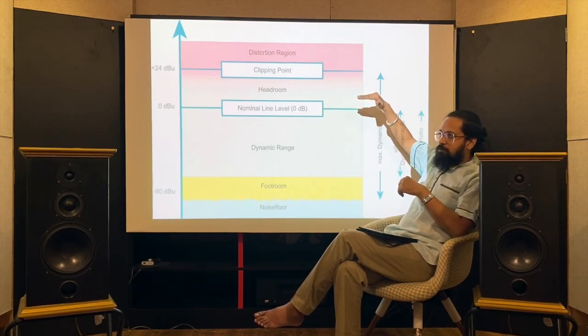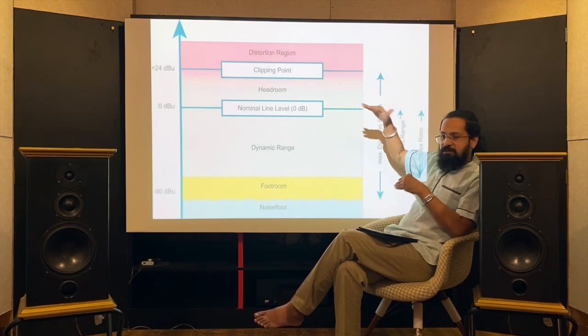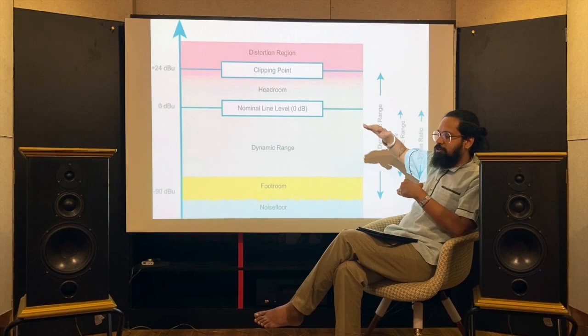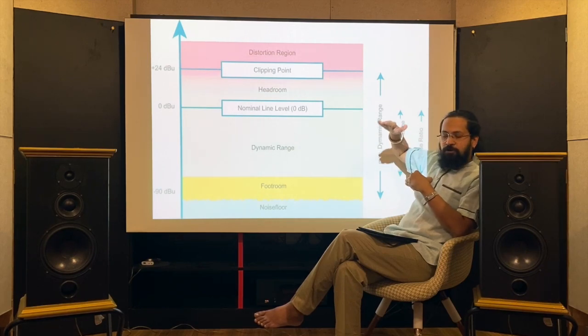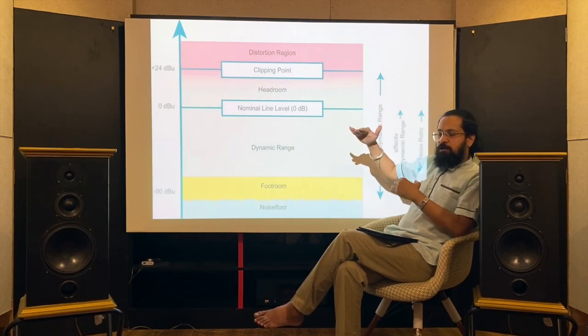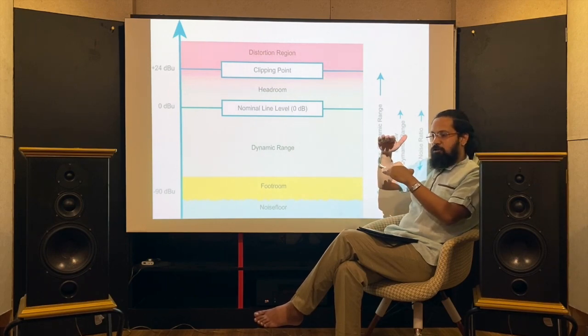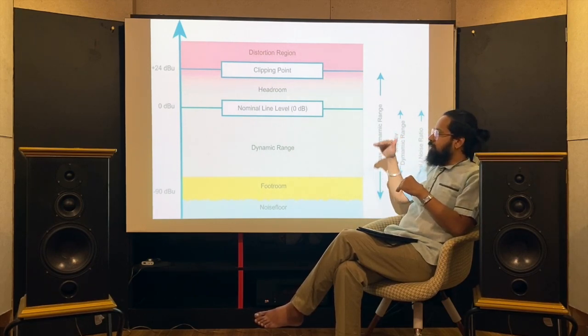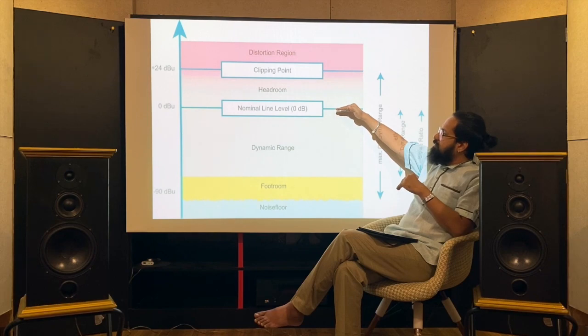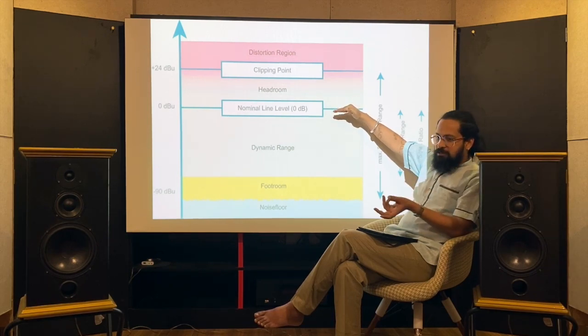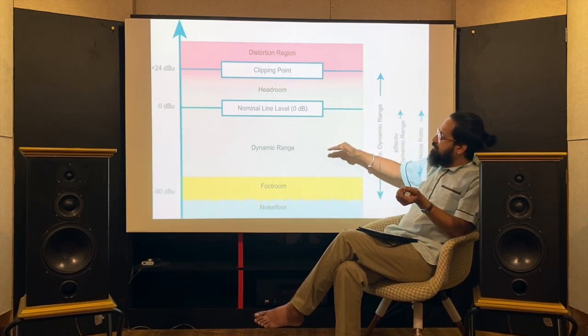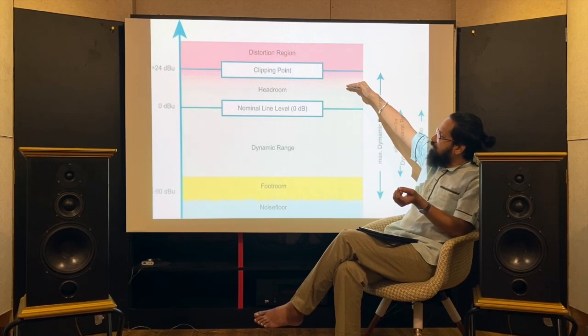That is the place where your equipment and the mixer will have the ability to reproduce those sound levels, but you will not utilize it at the nominal recording level. You would record it at the nominal level. Some of the sound that has been recorded will sound low. Some of them will sound high. Some of them will go above the nominal line level.